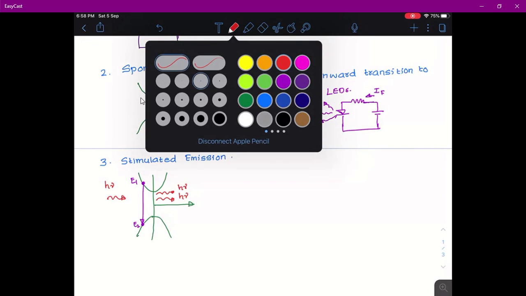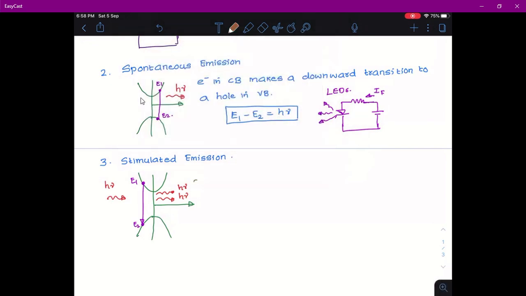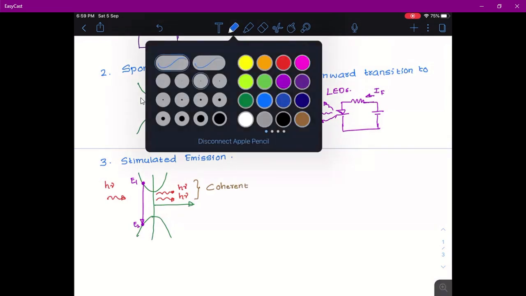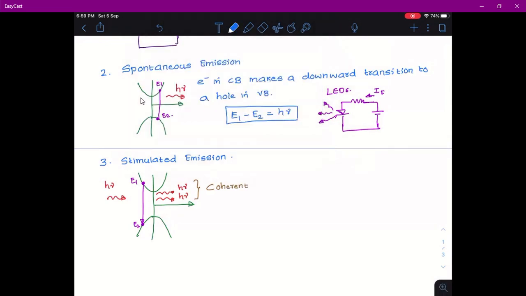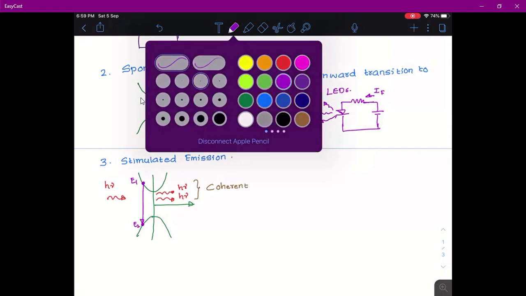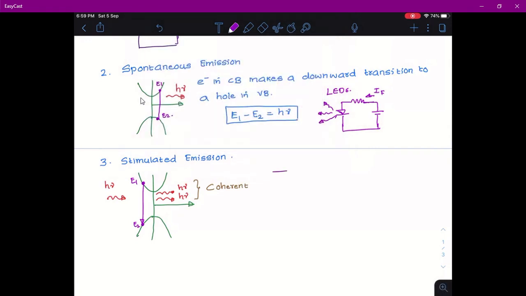And the important part here is these two photons are coherent. We'll see in detail when we study lasers what these coherent features are. And as I said just now, the important application of stimulated emission is lasers.